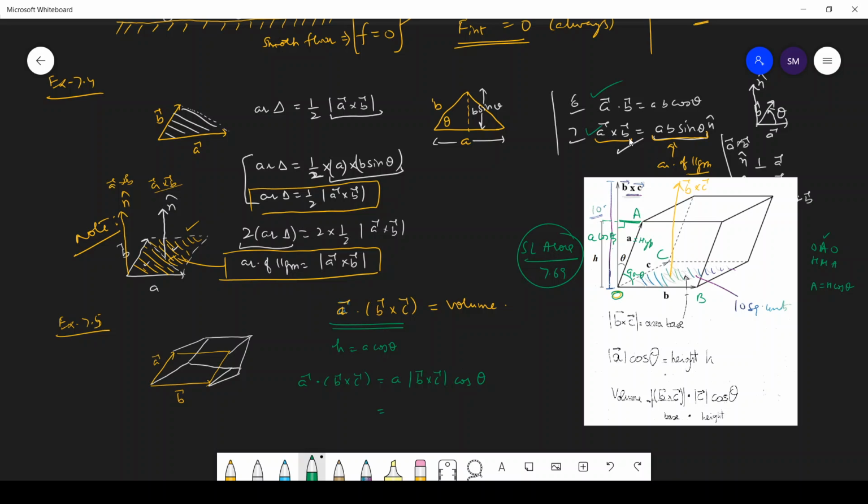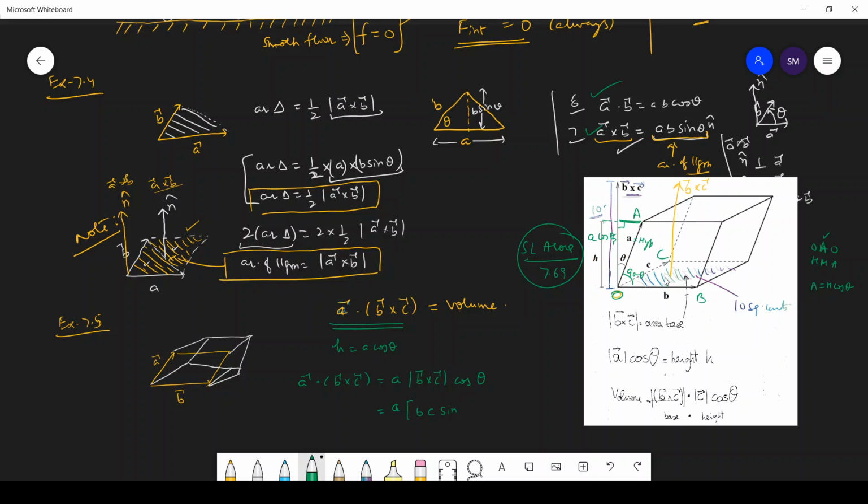What's the magnitude of B cross C? B cross C is B into C into sine of the angle between them. So what is the angle between vector B and C?